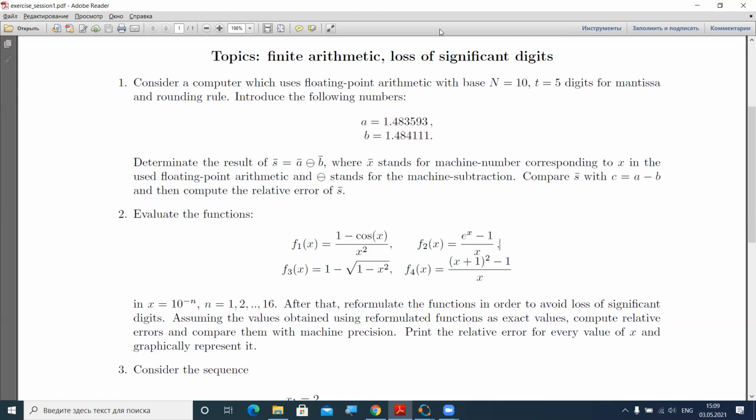However, we have e to the power of x. We can change this e to the power of x with expansion, Taylor expansion, with Taylor polynomial of e to the power of x. We did a similar example in a previous practice session, and we can change here e to the power of x with the Taylor polynomial. Let's do it.